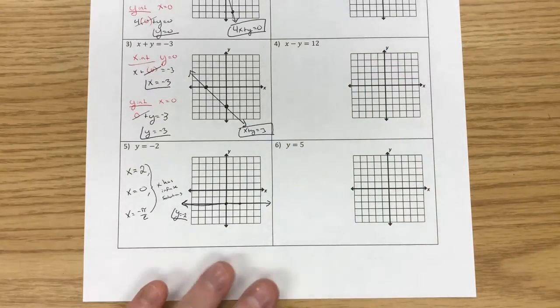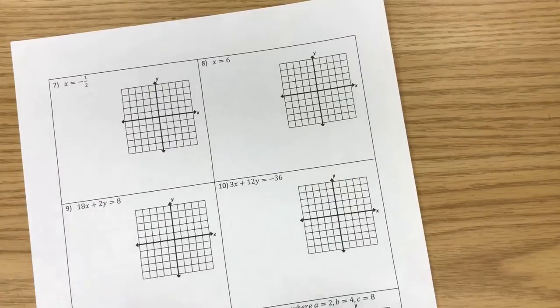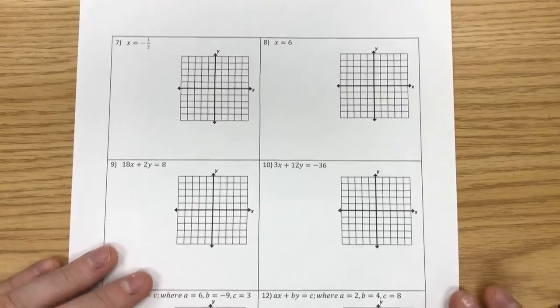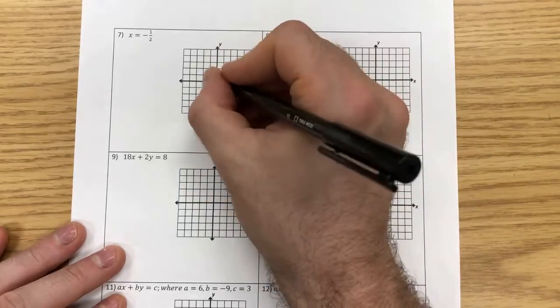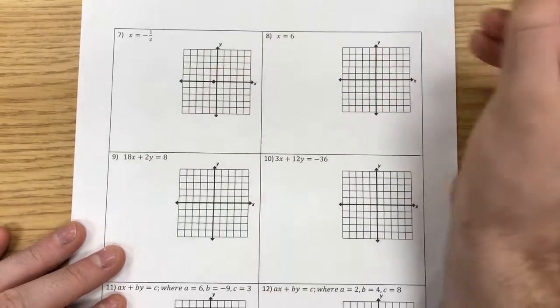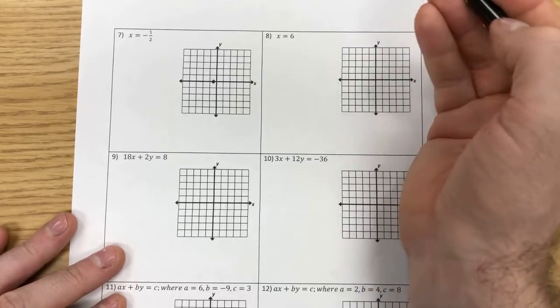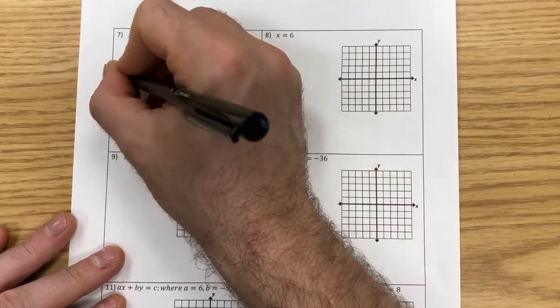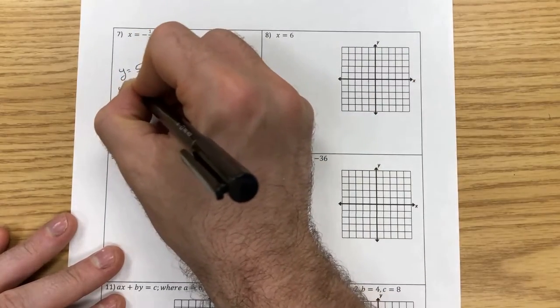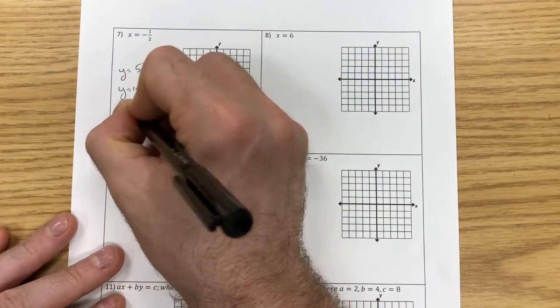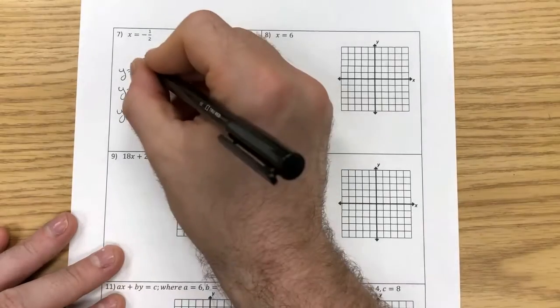So let's take a look at another one. In this case, I have x equals -1/2, which means that I'm going to put my intercept at -1/2. And I'm going to ask myself, because I have no y, can y equal 5? Well, yeah. Can y equal 100? Well, yeah. Can y equal -infinity? Also yes.